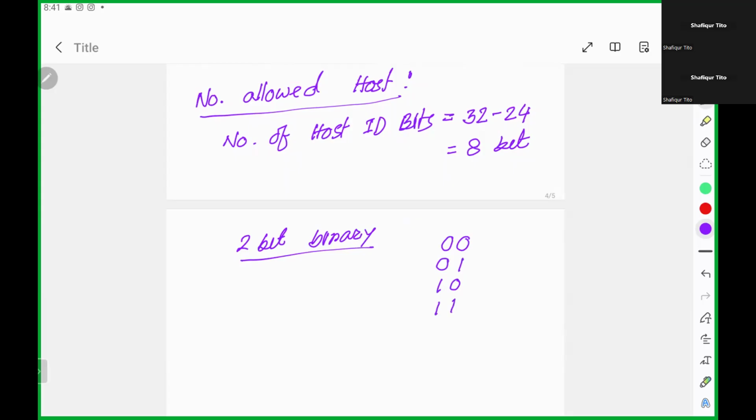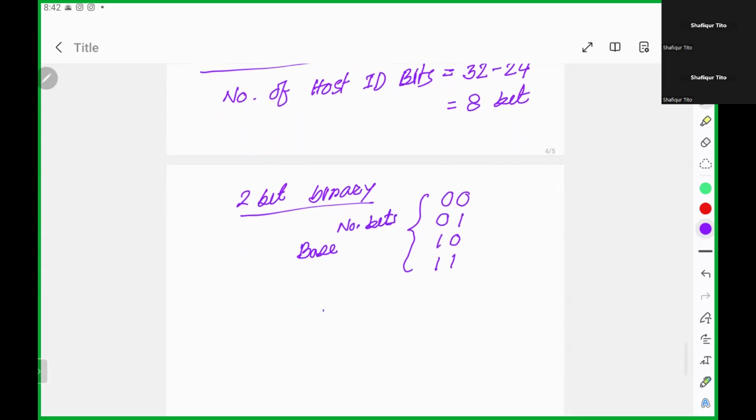So these are the 4 combinations. How can I find this out? It can be calculated as the base to the power of the number of bits. So we have base 2 and number of bits 2. That gives me 4.